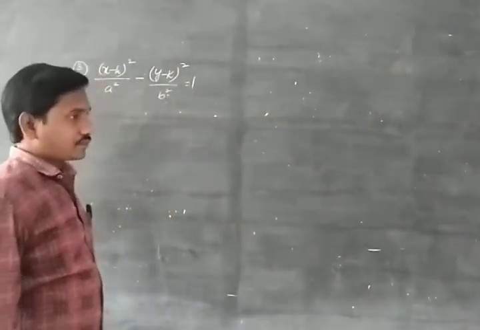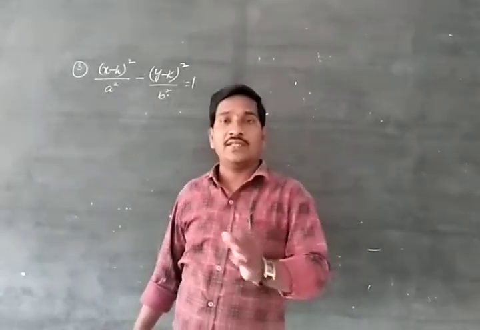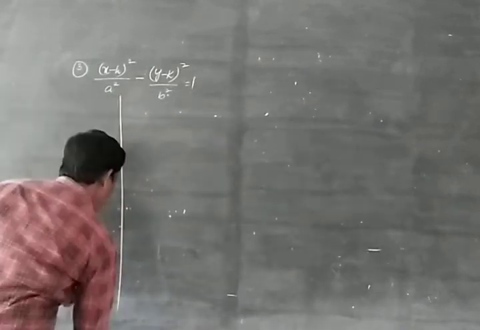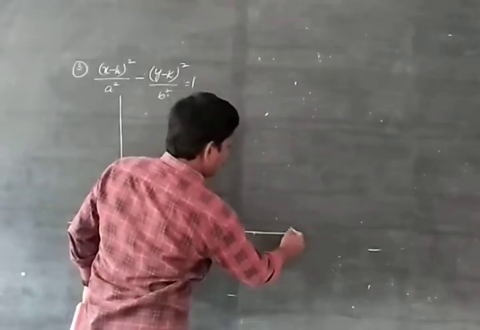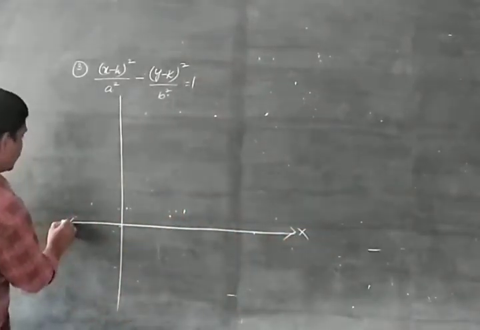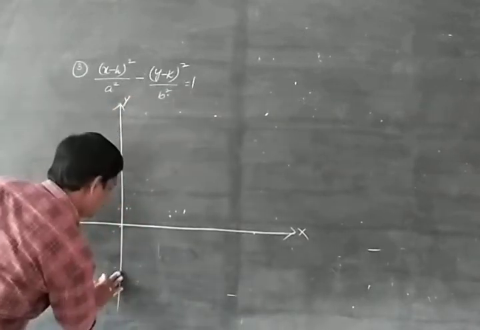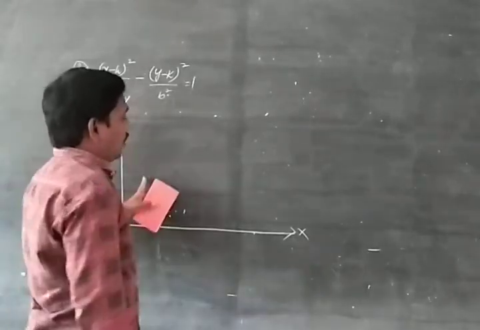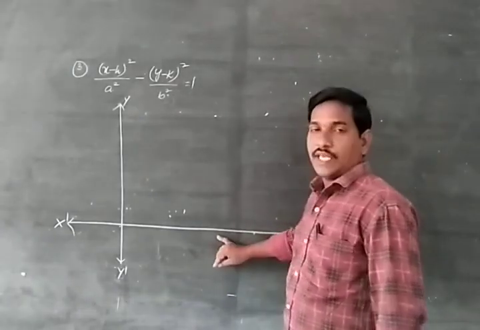In this one, the transverse axis is parallel to the x axis. This is x dash, y, y dash.